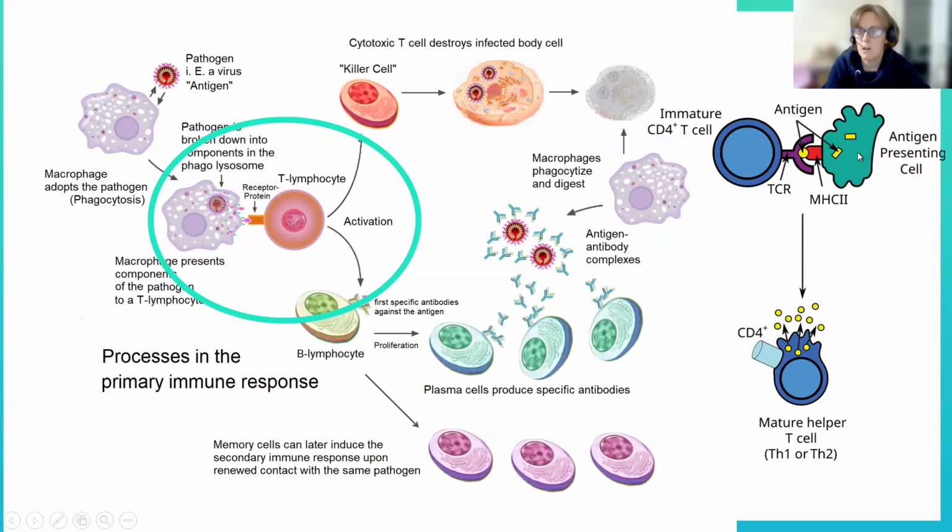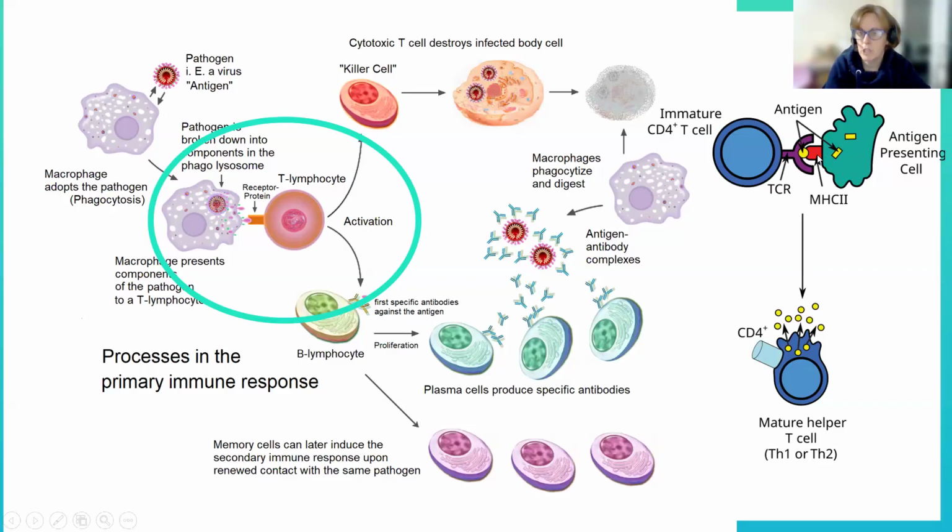So it's the macrophage, which has engulfed the virus. And here we have the antigens. So the virus has been broken apart, and this white blood cell has broken apart all the proteins that made the virus. And it's got this special structure here, which is called the major histocompatibility complex, which is a mouthful, but don't worry about that particularly.